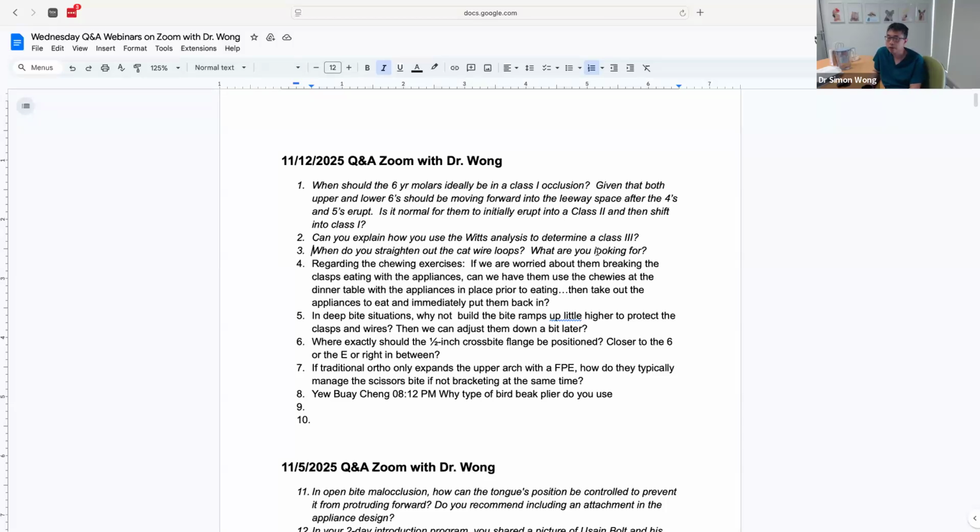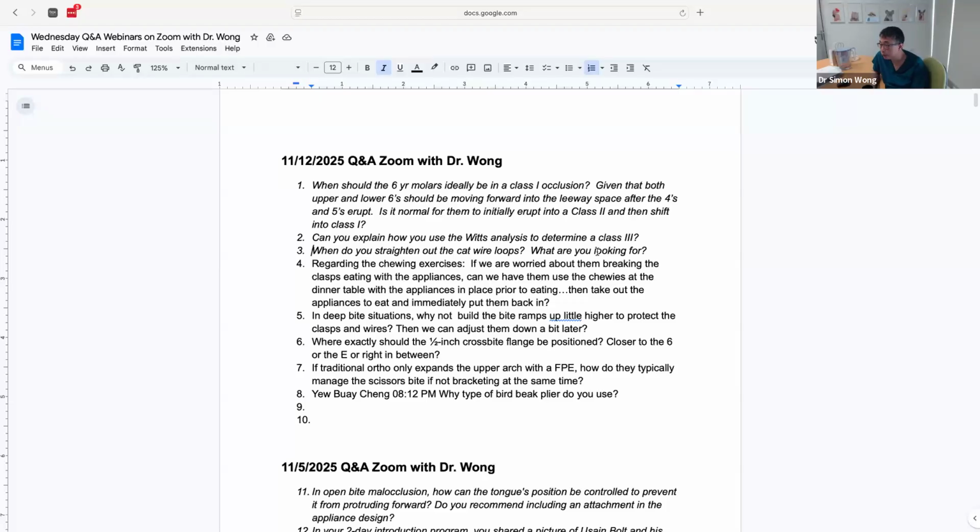of them playing with the plate and not following the protocols. In deep bite situations, why not build the bite ramps up a little higher to protect the clasp from the wires and then adjust them down a bit later? So occasionally when you have an extreme deep bite, then yes, you can raise the bite with acrylic.